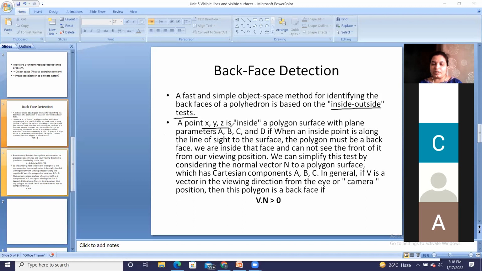A point XYZ is inside a polygon with plane parameters A, B, C, D. These are the constant coefficients. If an inside point is along the line of sight to the surface, the polygon must be a back face.